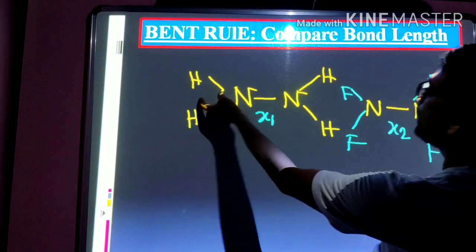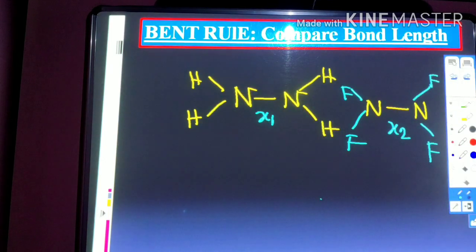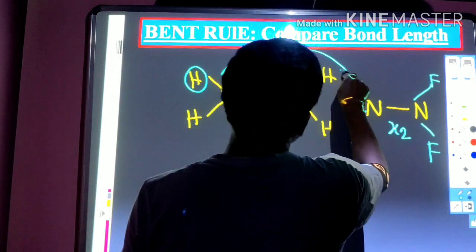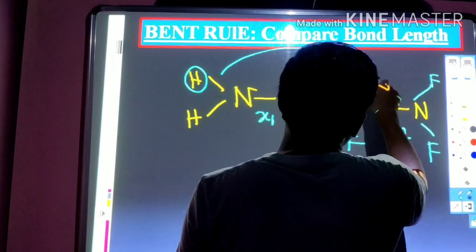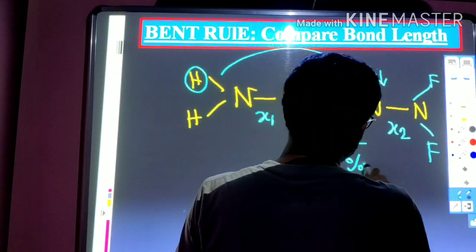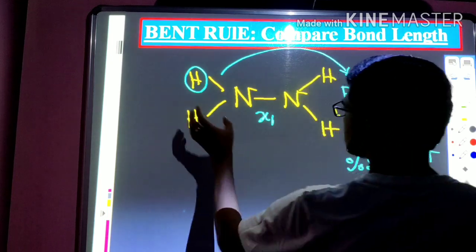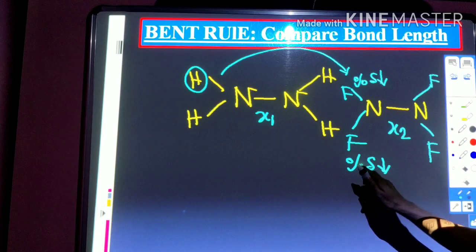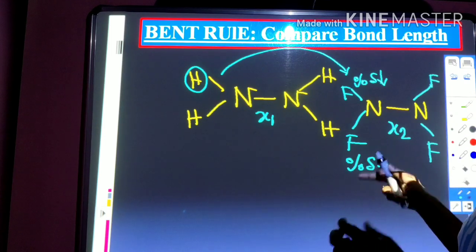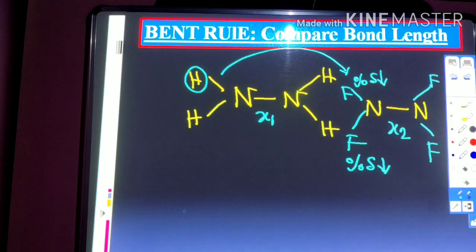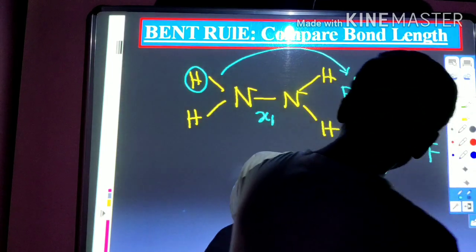See, H gets replaced by a more electronegative element. So what will happen from H to F? Percentage of S character decreases in this bond because H is replaced by F. A more electronegative element will prefer to occupy the orbital where the percentage of S character is less.